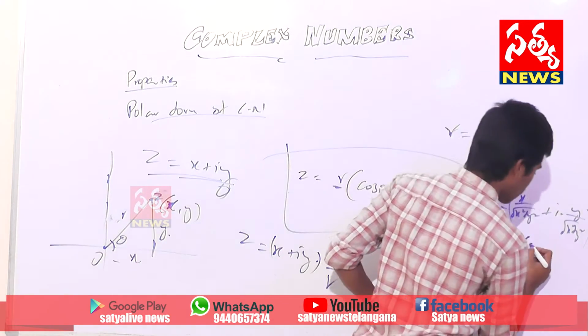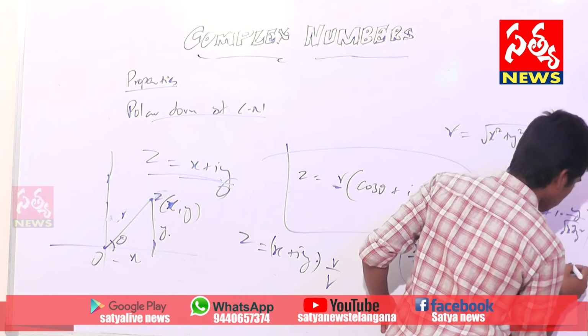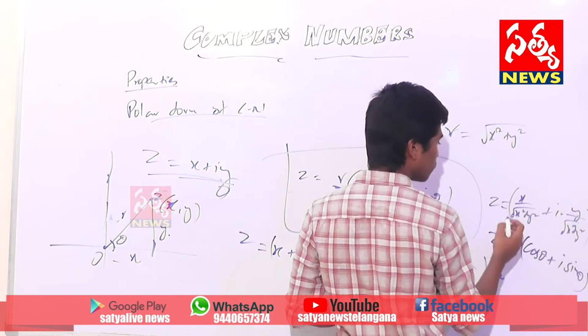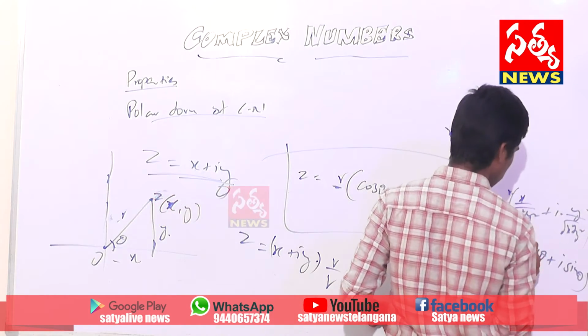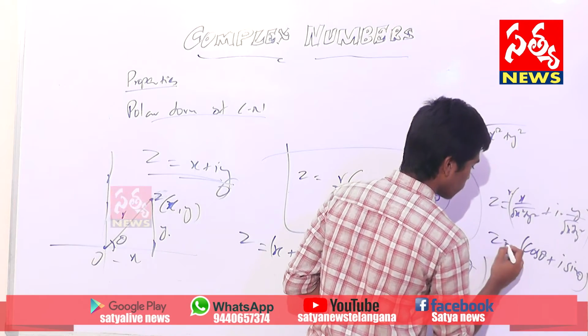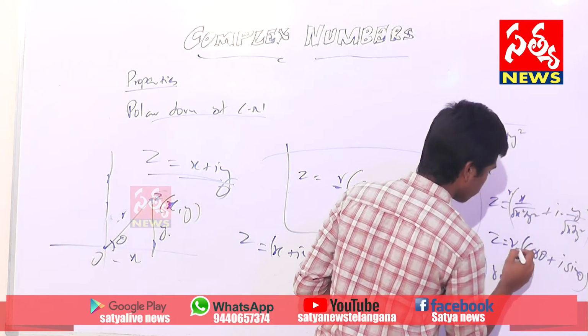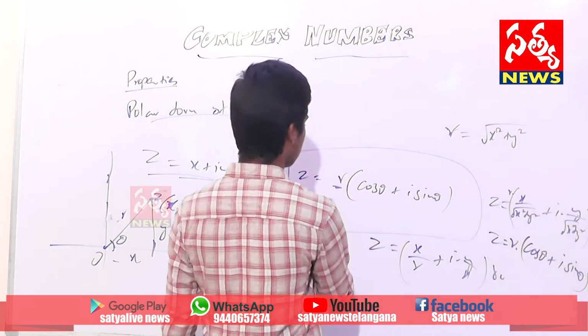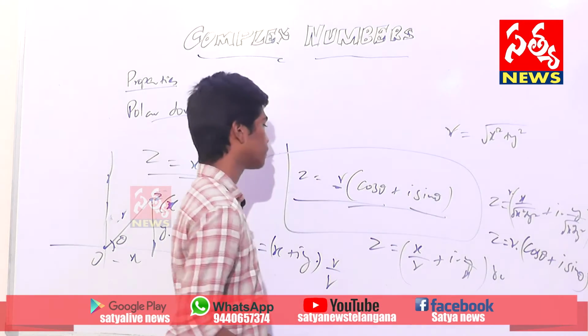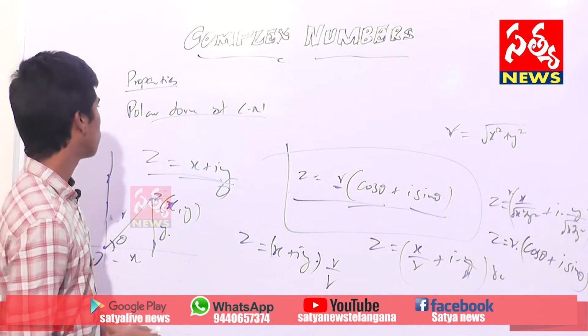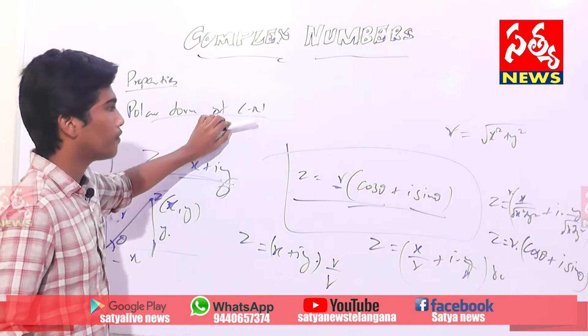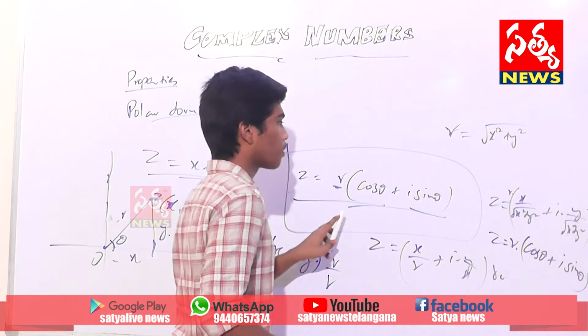In place of x by r, we can write cos theta, plus i sin theta, into r. So this is the equation we got, the polar form of complex numbers. We are changing the x and y into theta form.